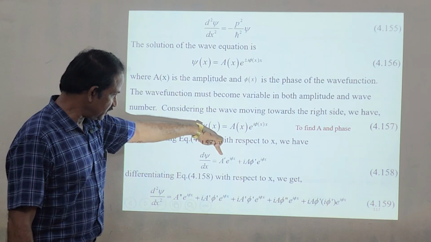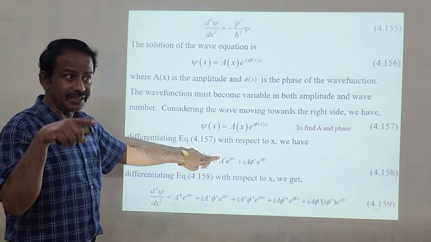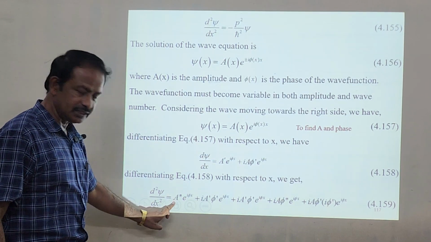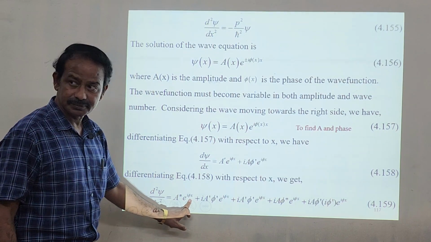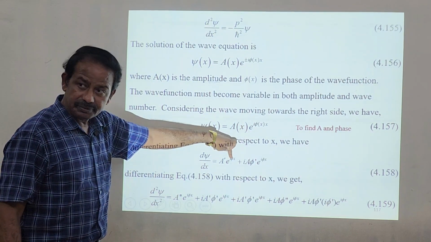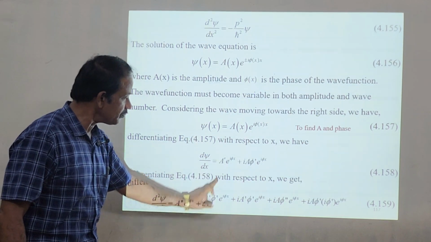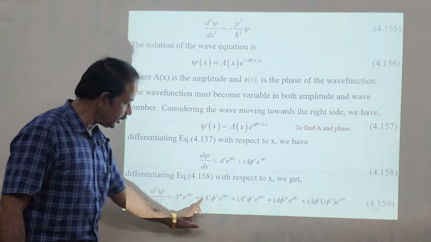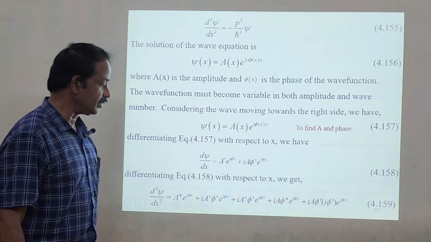So now differentiating this. A prime means dA by dx. Differentiate, you will have A double prime, keeping this as constant, e power I phi x. Plus you will have to differentiate this, keeping A prime as constant. So A prime, differentiating this will give you I phi prime e power I phi of x.